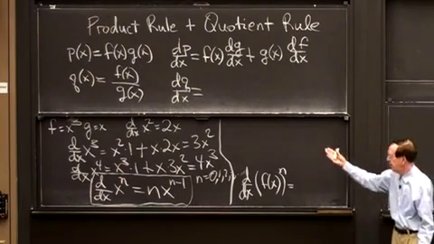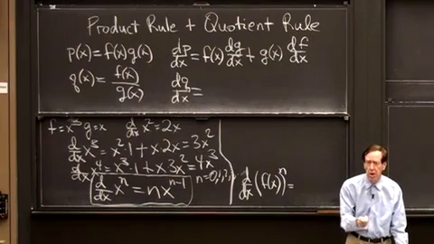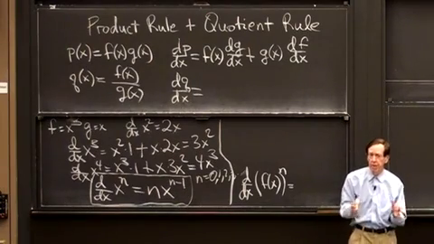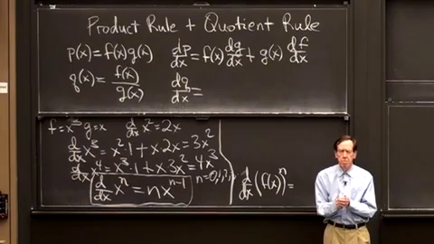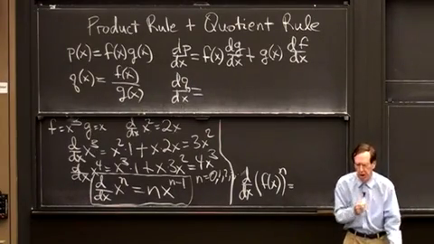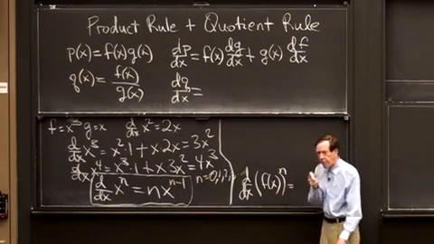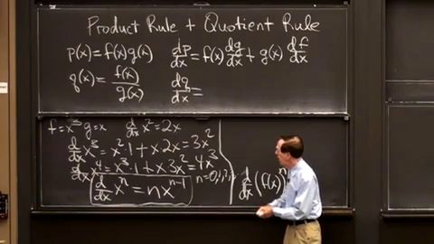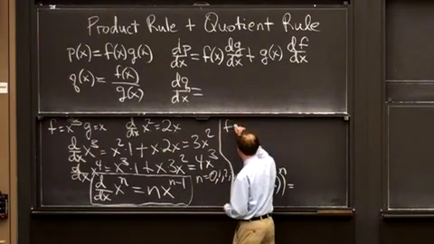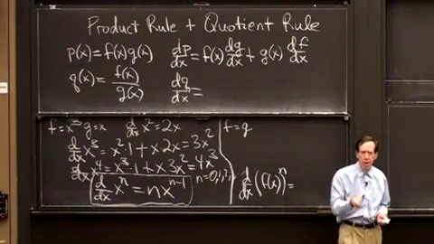Let me do just as I did before. Take f of x, take n equal 2, f of x squared. So what's the derivative of f of x squared? Like sine squared or whatever we're squaring, cosine squared. Well, for f of x squared, all I'm doing is taking f to be the same as g, right? I'll use the product rule.